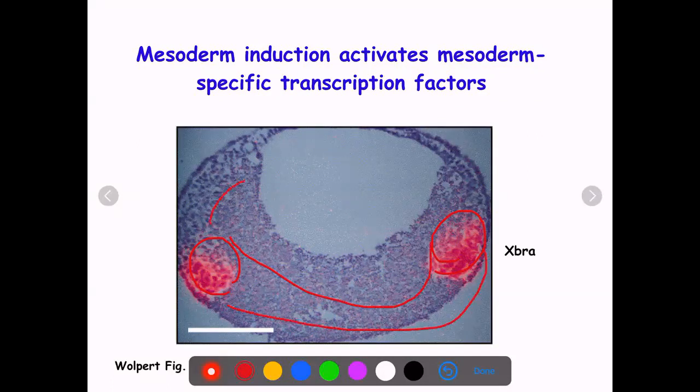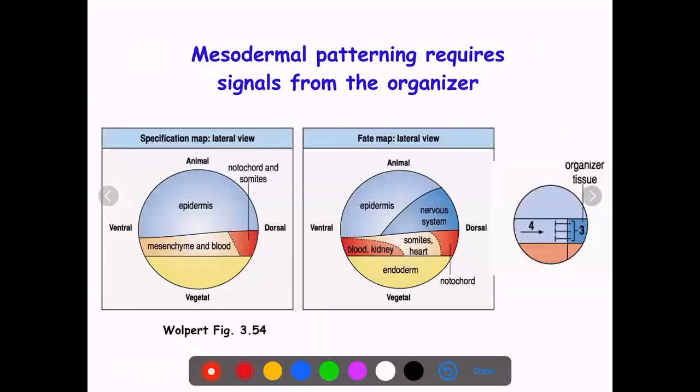Donut ring kind of structures. Okay, right. But this is only one slice. That's why it's showing here. So this is the tissue that produces Xbra. So that is the mesoderm. Okay. So we took care of number 1 and number 2.